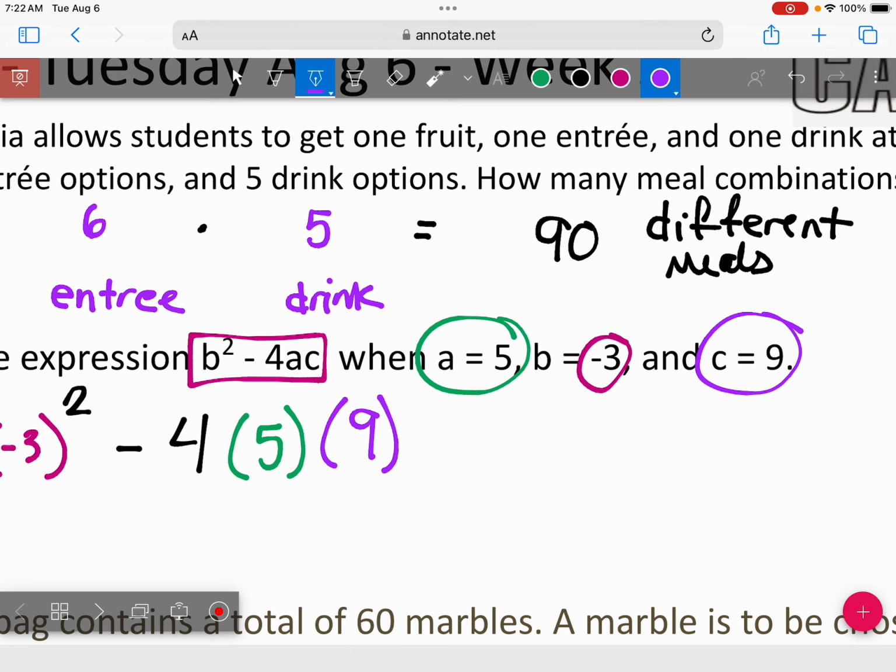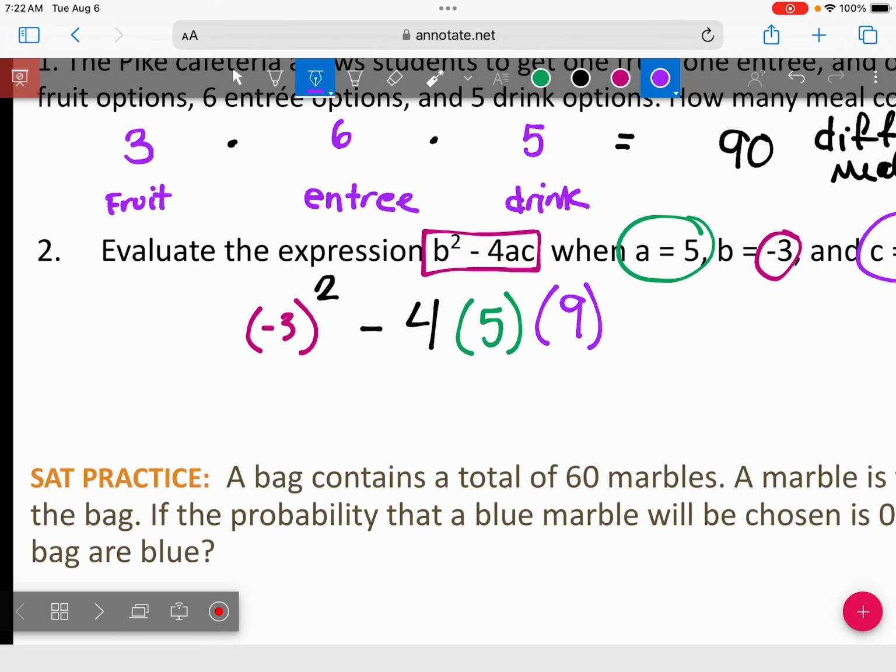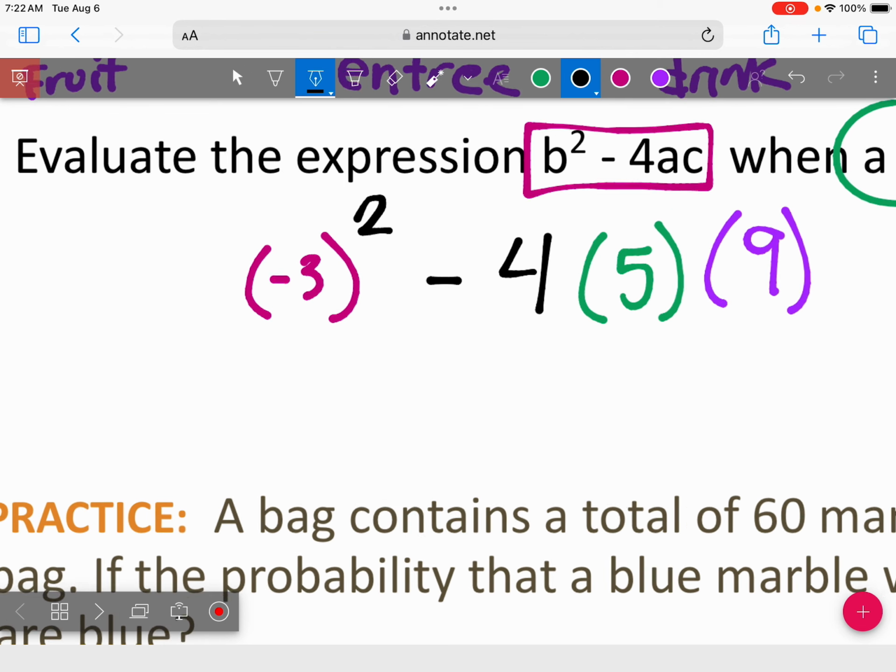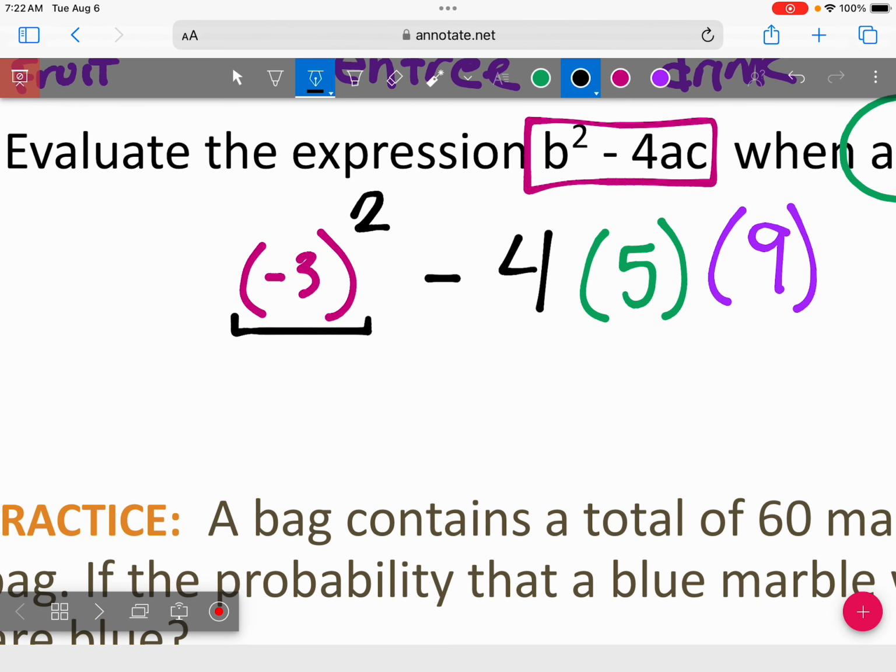Is there anything in my parentheses I can simplify? Nothing within the parentheses I can simplify, because everything inside of parentheses is just a number. So then we're going to go to exponents. What is (-3) squared? 9. The reason I put it in parentheses like this is because it's really important if you were to put that little phrase into a calculator.